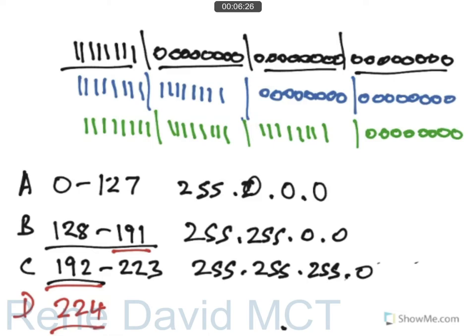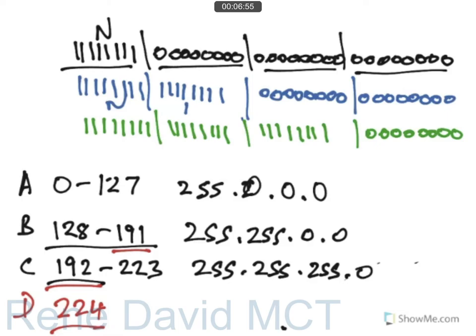This is important because once we get to actually subnetting these addresses, we'll be looking at how these binary digits work. Now, the first portion, or the ones in a subnet mask, are the network portion. So the network portion for Class A is only the first octet. And as you can see in Class B, the second octet is also network.